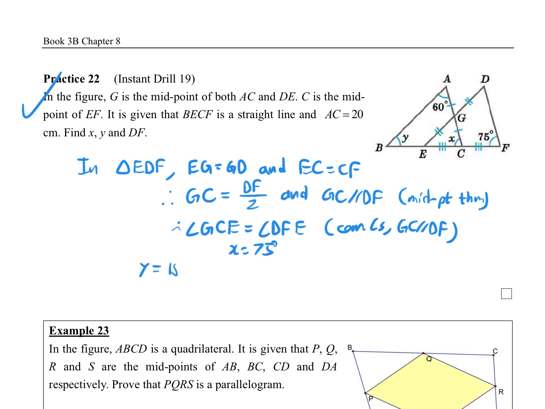Y, if you name the triangle, because there are now 2 copies of 75 degrees, you are required to name the triangle in applying angle sum of triangle. But then if you name the triangle or name all angles, you can easily conclude Y is 45 degrees. And finally, you need DF. So you get AC is 20.